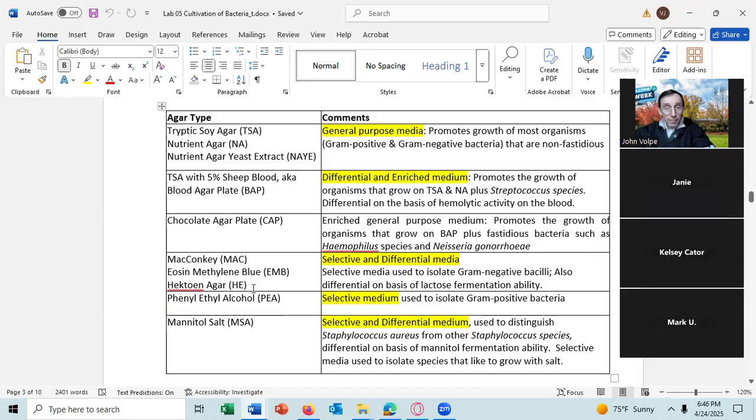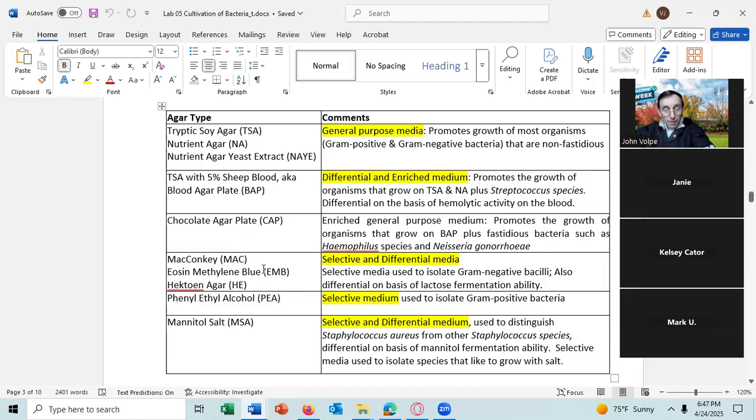All three of them are differential, allowing you to distinguish between cells that can ferment the sugar lactose and those that cannot ferment the sugar lactose. So if the bacteria can grow on the McConkey's plate, it'll have a pink color from its ability to ferment the sugar lactose.